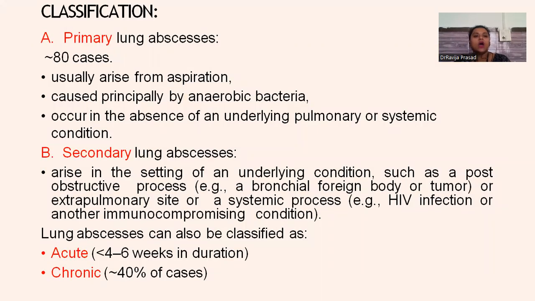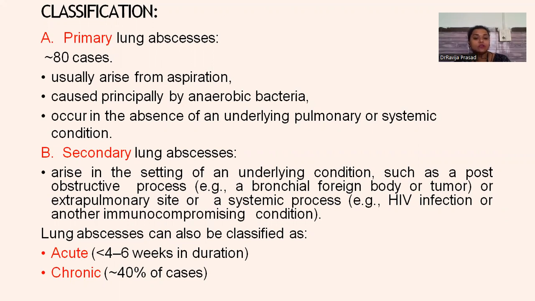Now, there is a major classification of lung abscess: primary and secondary. The primary lung abscess, in more than 80% of cases, usually arises from aspiration caused principally by anaerobic bacteria. It occurs in the absence of underlying pulmonary and systemic conditions. The secondary lung abscess arises in the setting of underlying conditions such as obstructive processes, for example bronchial foreign body, tumor, or an extrapulmonary site of process, like for example in patients with HIV infection or an immunocompromised condition.